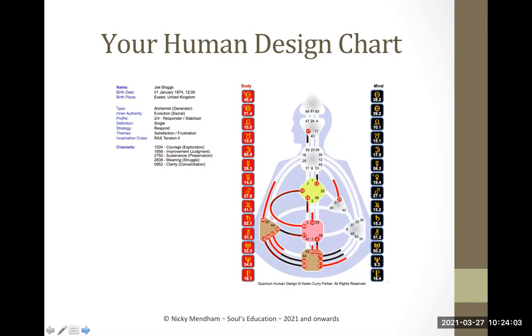Now, there are 5 different energy types, which we're going to have a look at in a minute. So you've got your type, you've also got your inner authority, the profile, the definition, the strategy. There's quite a bit of information that you receive from this. In later videos, I will be looking more deeply at these different types, the authorities, the profile.